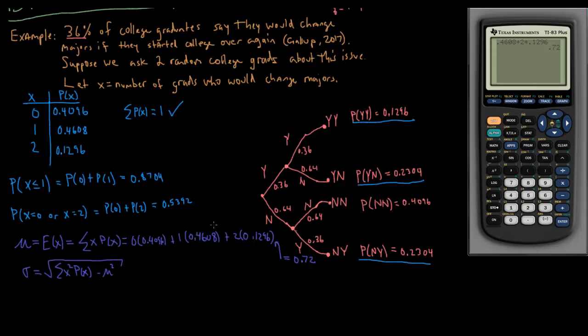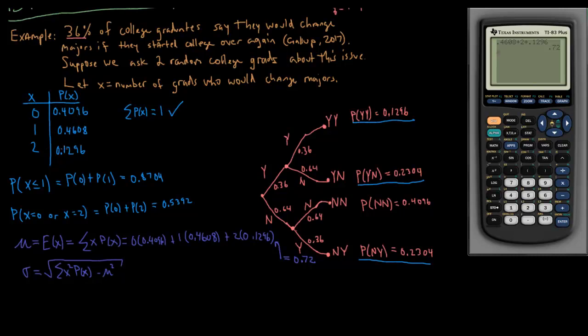Now what does this tell us? That means if you take these probabilities and these outcomes, the average expected outcome is 0.72. You know that if you take into account that nobody would like to change their major and one person would like to change their major, those are the most probable cases.